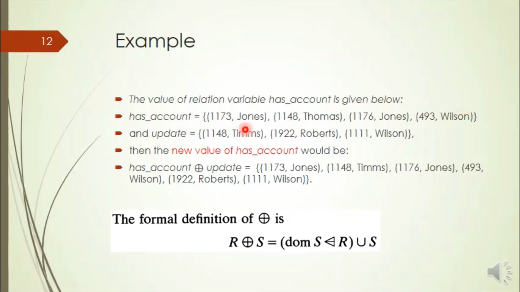Account number 1173 is assigned to Jones, 1148 is assigned to Thomas, 1176 is assigned to Jones, and 493 is assigned to Wilson. And there is another relation update containing three ordered pairs representing some updates in has account relation.